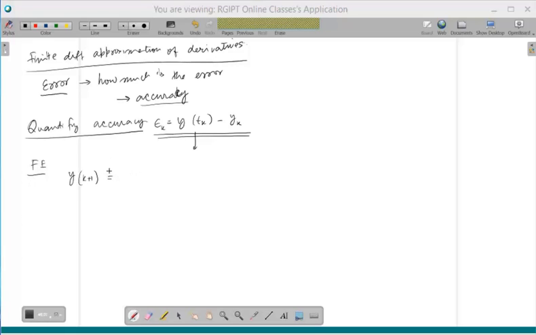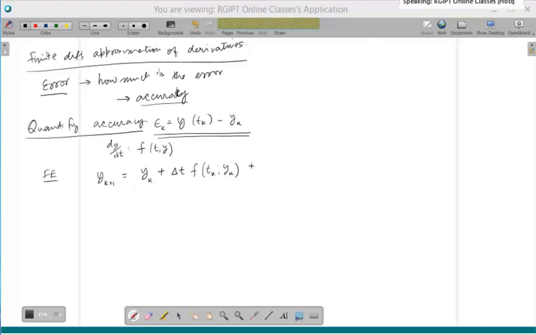Y k plus 1 I am going to approximate by, with forward Euler, y k plus 1 equals y sub k plus delta t times f of t k, y k, where f is dy by dt. This is what you're doing.